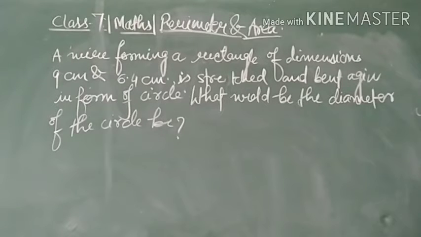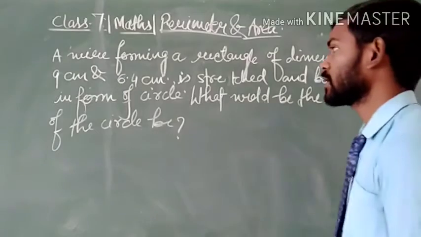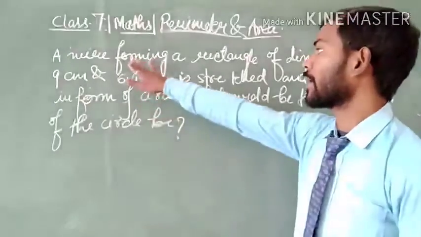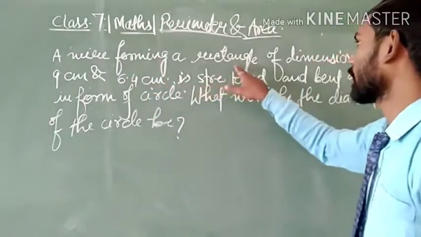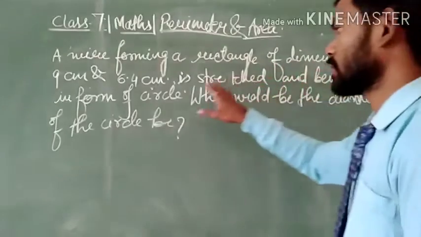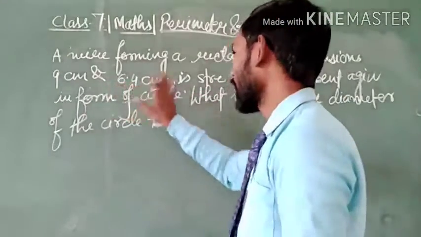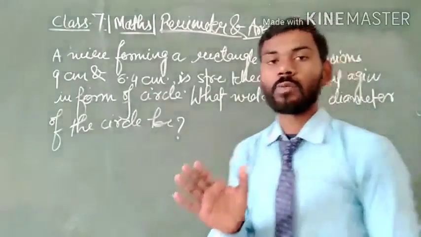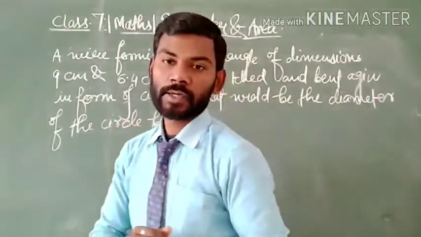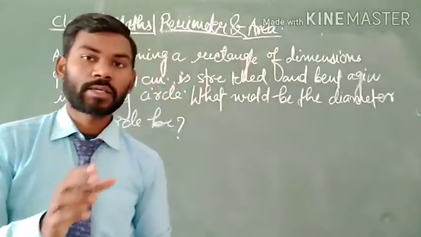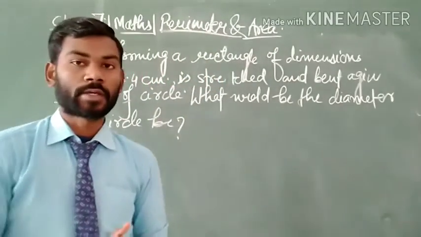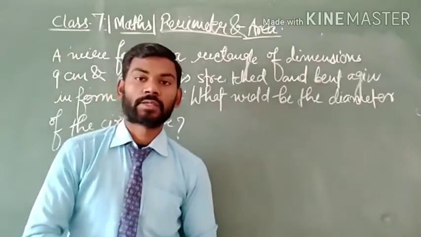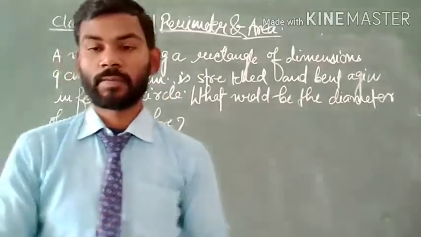Now let us see what the question says and try to solve the problem. Question says that a wire forming a rectangle of dimensions 9 centimeter and 6.4 centimeter. There is a long wire which forms a rectangle whose length is 9 centimeter and width is 6.4 centimeter.